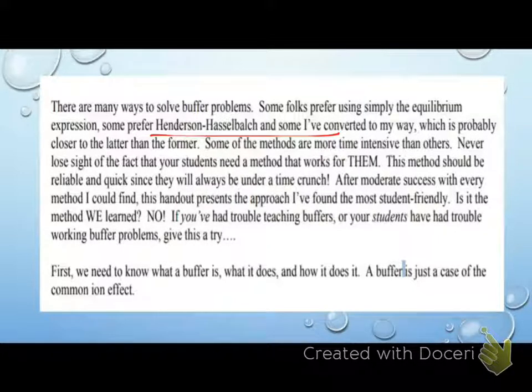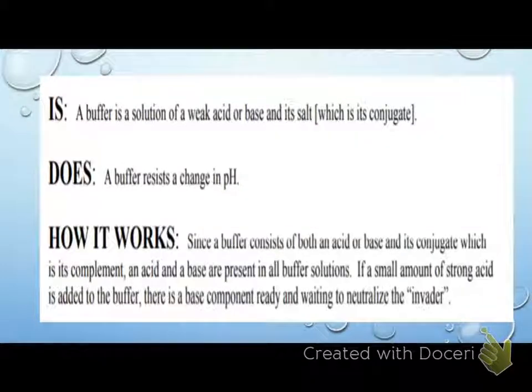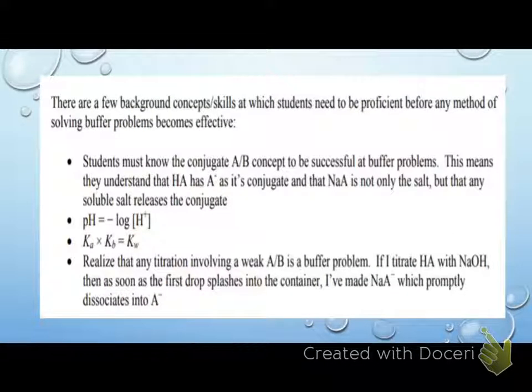Now, here's the kicker. This is all in your notes, so read through it. We know how to do pH. We know that Ka times Kb is equal to Kw, and that's going to help us.